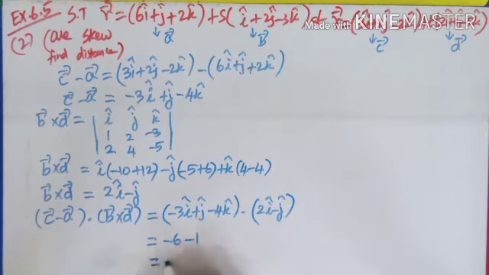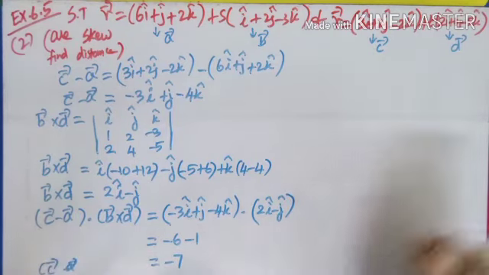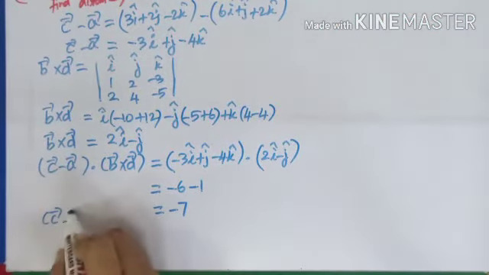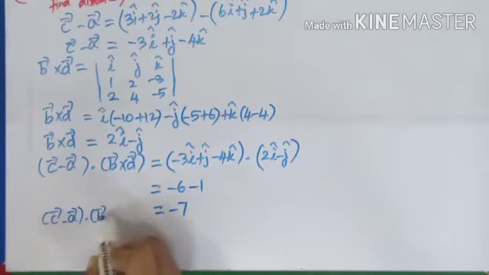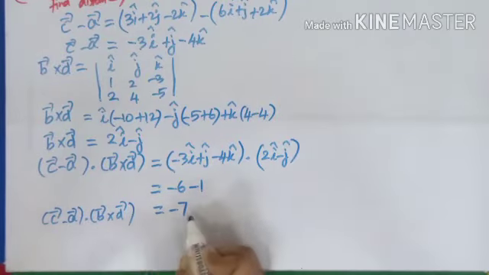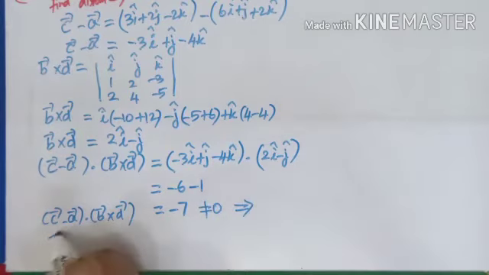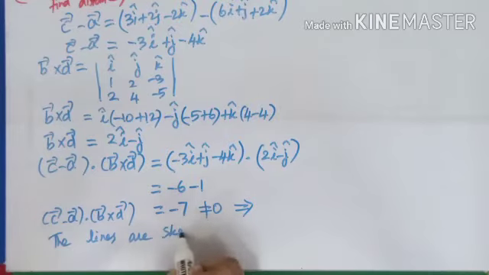So my answer is minus 7. C minus A dot B cross D is equal to minus 7, which is not equal to 0, implies the lines are skew.